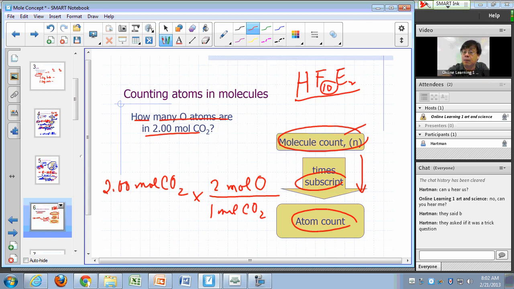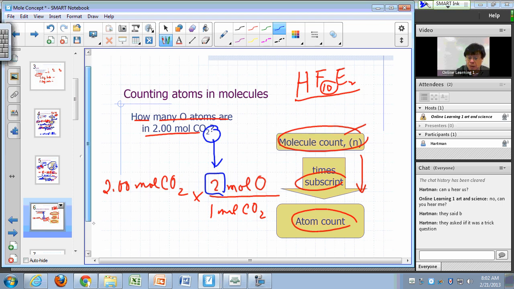Okay, so this 2 right here, that's the subscript of oxygen in CO2. It's like saying there's 2 eyes per person. So number of people will be multiplied by 2 to get the number of eyes.